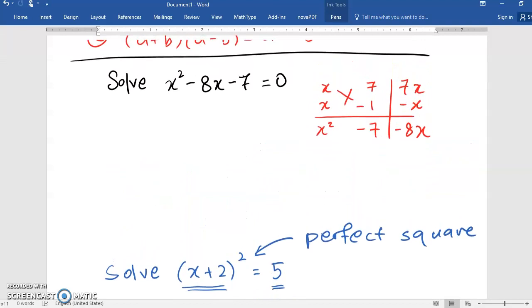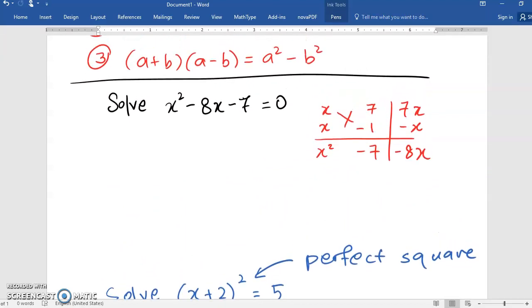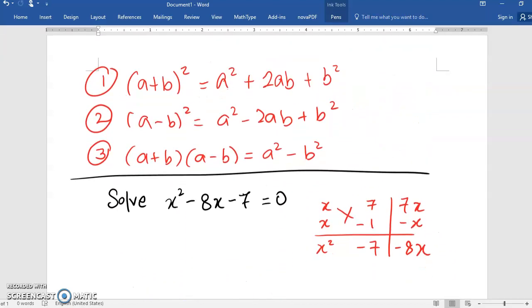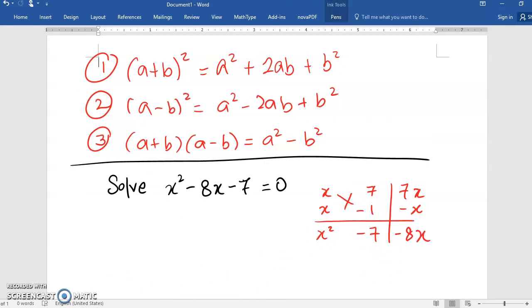This question over here, solve x square minus 8x minus 7 equals 0. Now you realize that this will not be a perfect square, but we can try to make it a perfect square. How? If I were to put it as this, within a bracket and a square outside, what should go into this bracket?